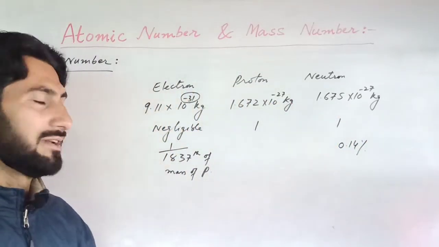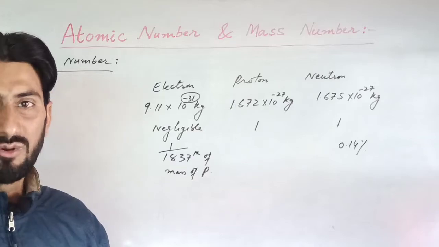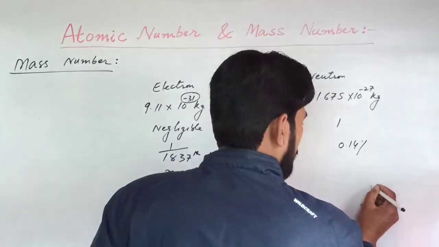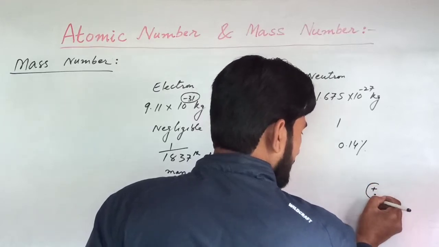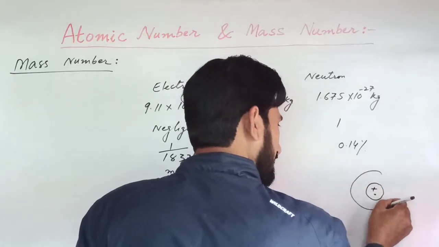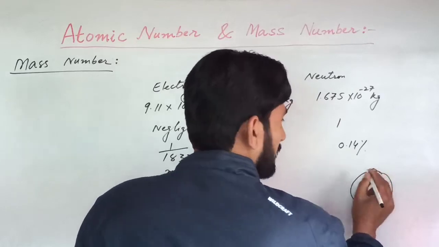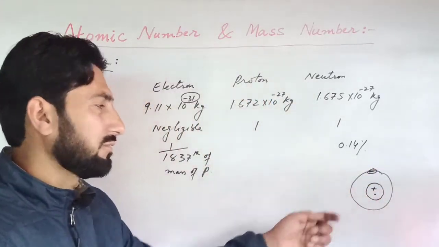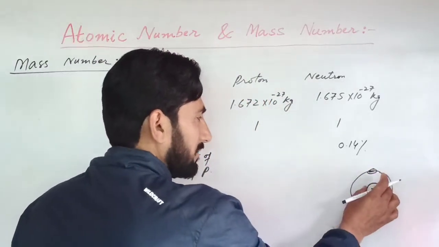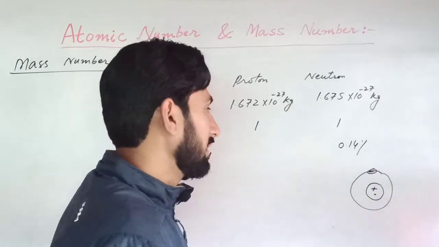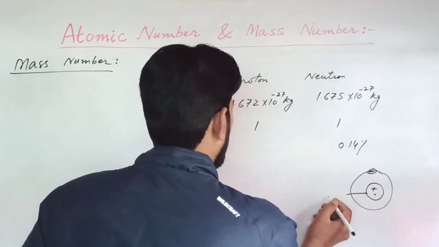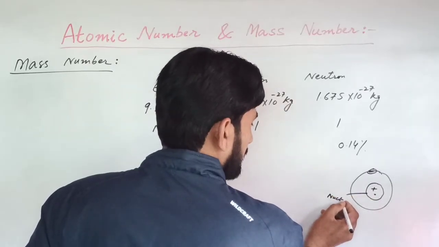So the whole mass of an atom is concentrated within the nucleus of an atom. As we know, protons and neutrons are present in the nucleus of an atom, whereas electrons are present in the extranuclear part. So the mass of an atom lies within the nucleus. So it is also called the nucleon number.